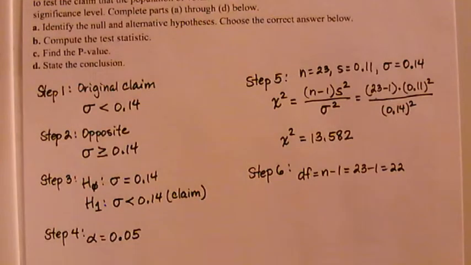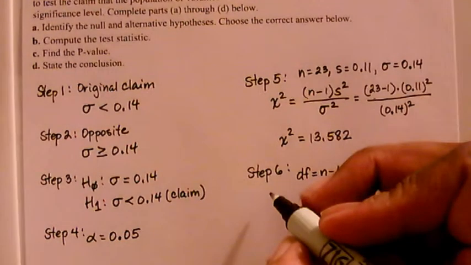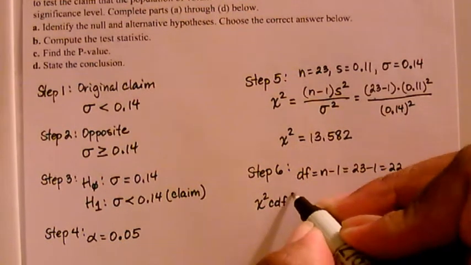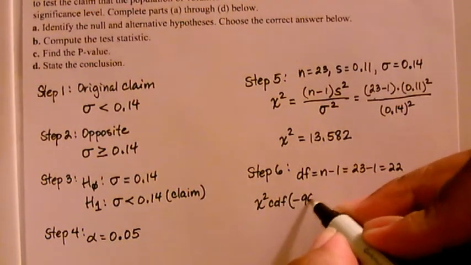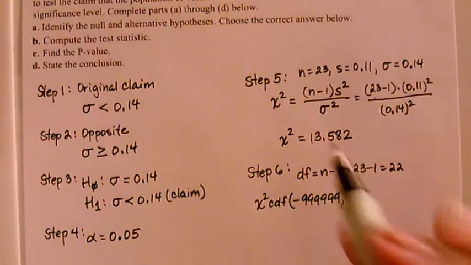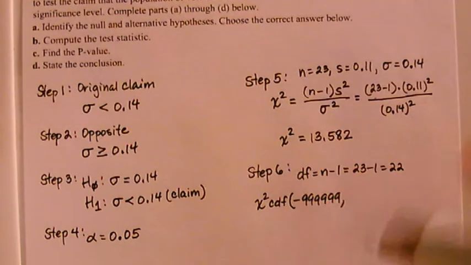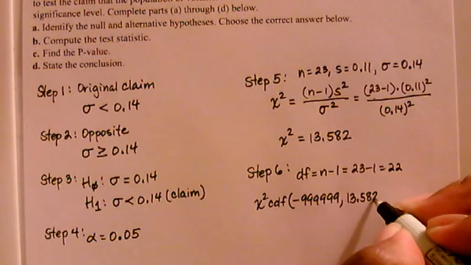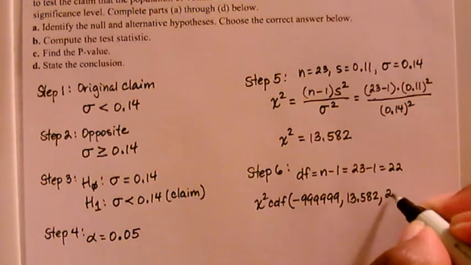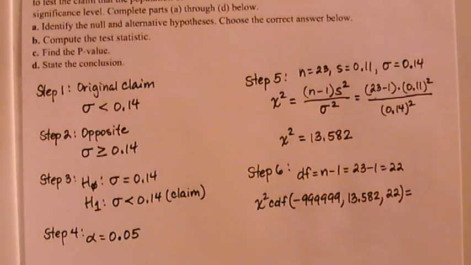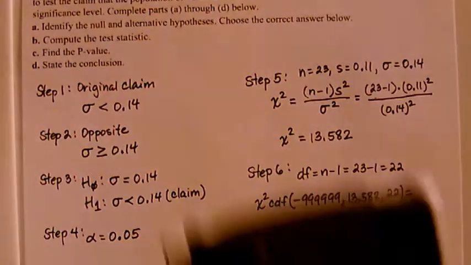So in this case here, chi-square CDF, then negative 999,999, comma, the test statistic, which I found in step number 5, is 13.582, comma, degrees of freedom, that's 22. And then I'm going to come up with a decimal value to 4 decimal places.